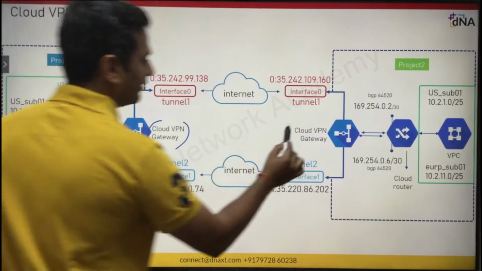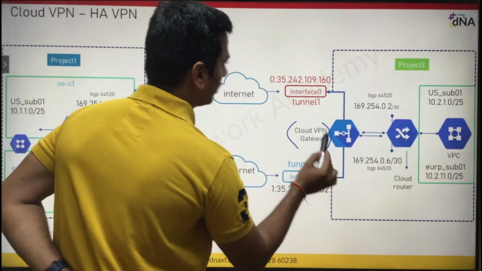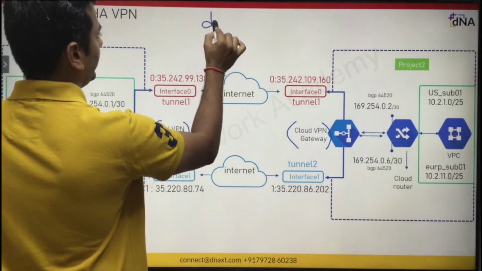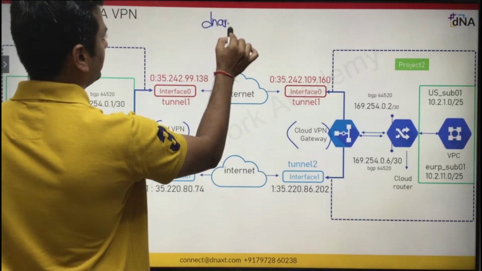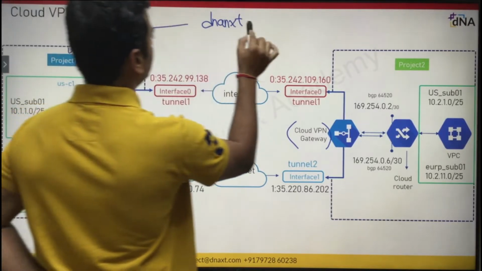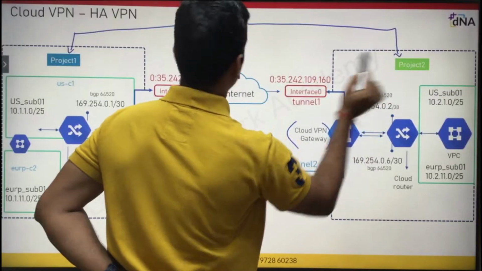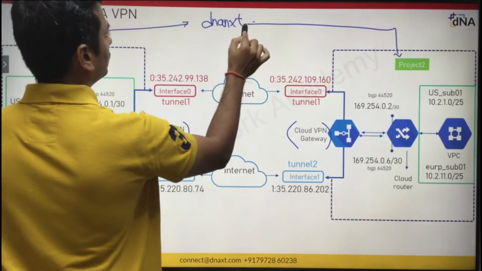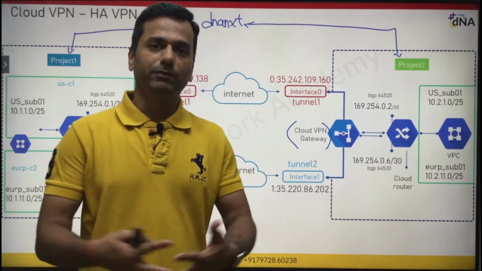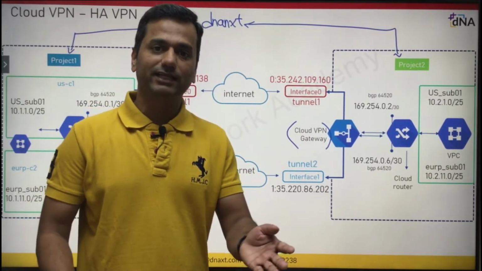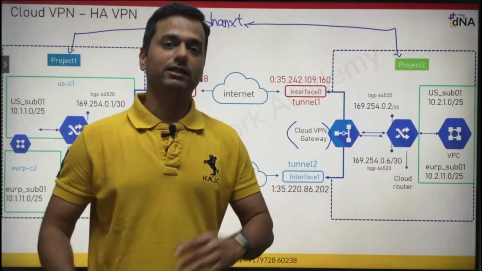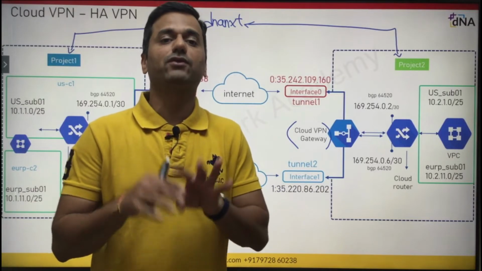In this topology you have one organization named DNA NXT, and under it you have two different projects. Why are we going with Cloud VPN? A better way is VPC peering between the two projects. Yes, that is the simplest way to configure and exchange routes between two different projects, two different VPCs.